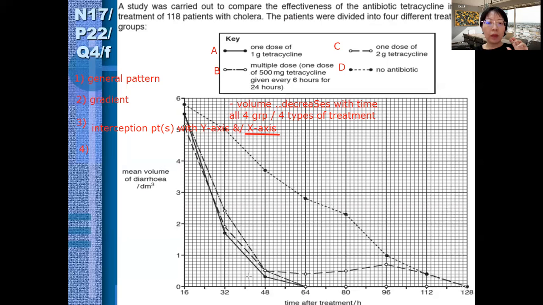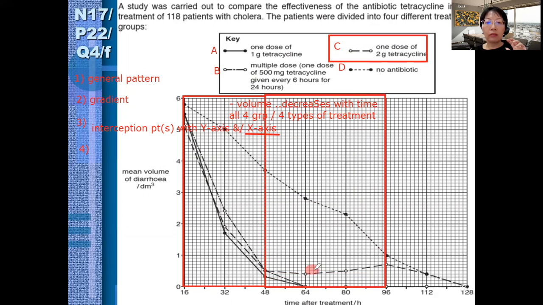For example, I can divide treatment C. If you look at the curve of treatment C, I can divide it into sections. This is the first section for treatment C, where it shows that the volume of diarrhea dropped with time. But then in the second section, as the time increases, the volume of diarrhea starts to increase again.